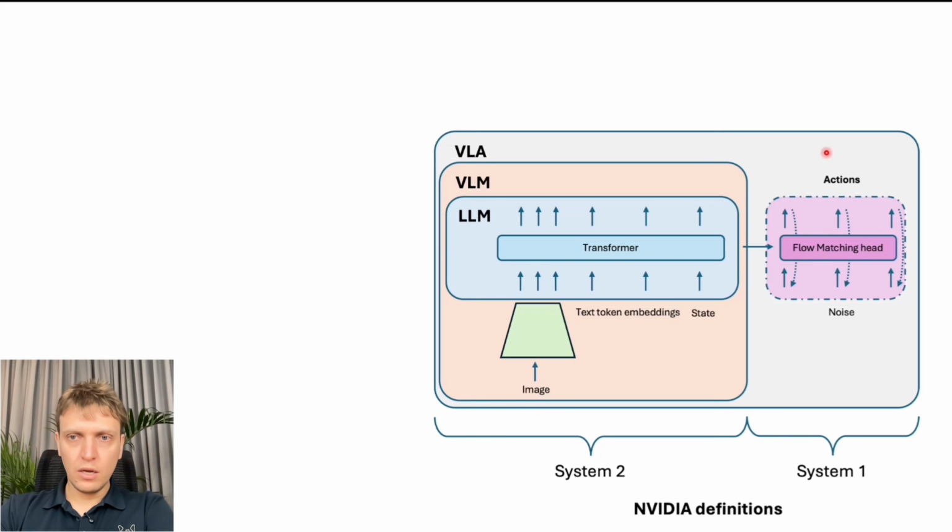They call the transformer that generates actions System 1, and they call the VLM part System 2. And they say that the VLM is pre-trained on internet data, and there is some thinking and reasoning happening in this VLM. And then this fast part that generates actions is the flow matching head.